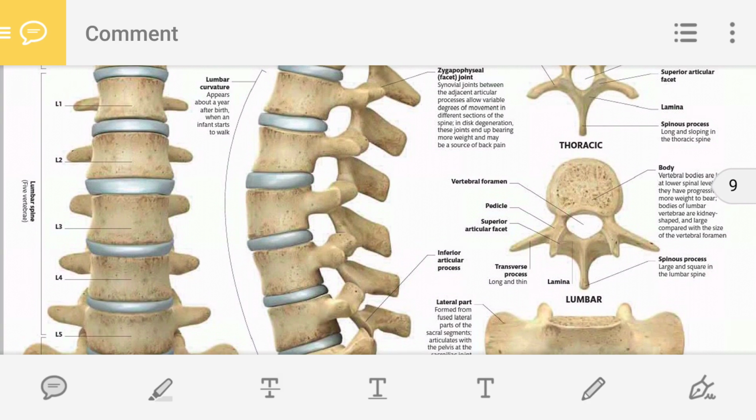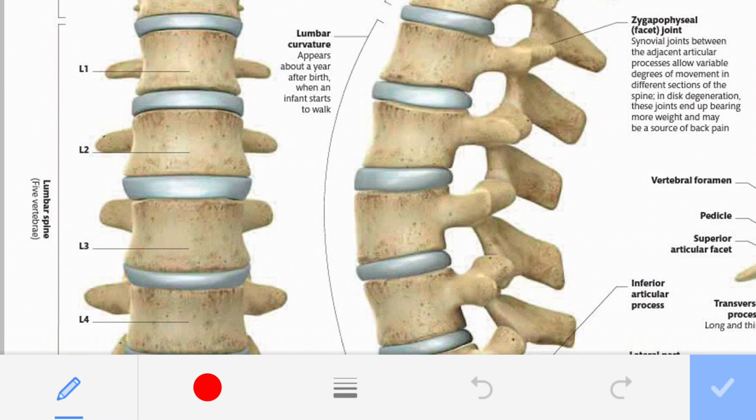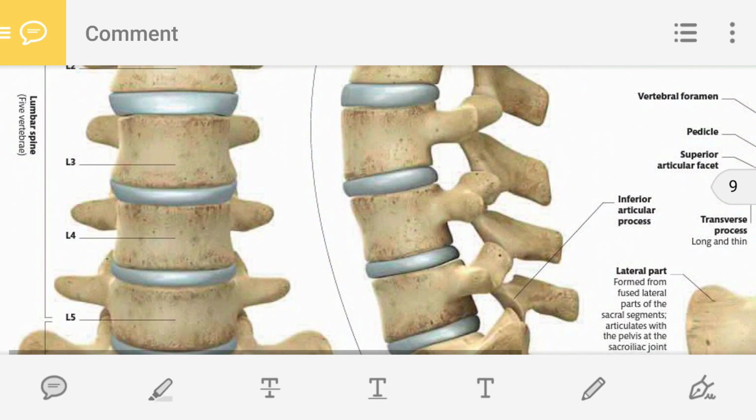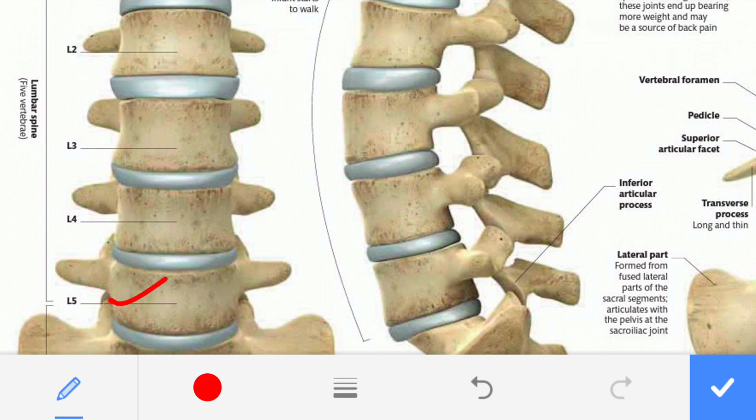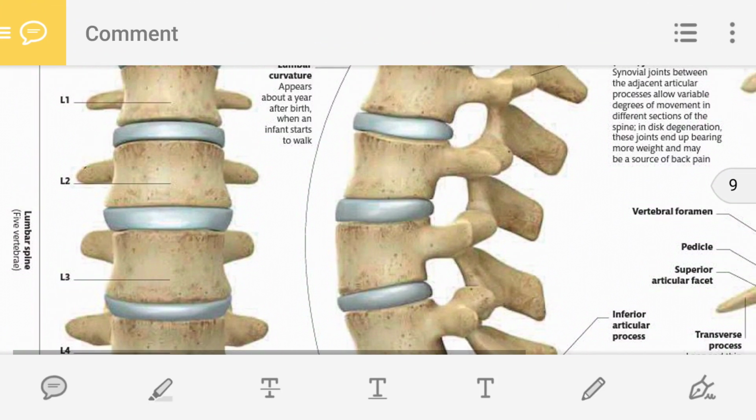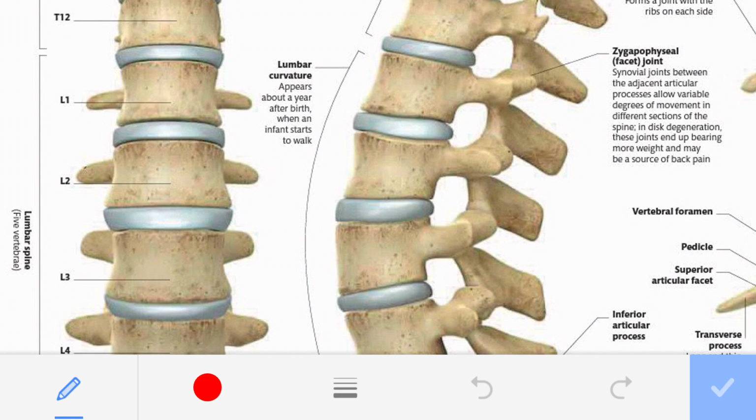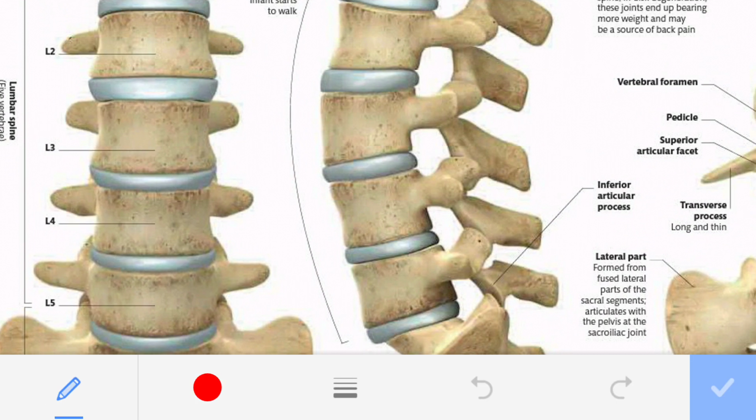Now lumbar. Okay, how many lumbar vertebra? As you can read this, there are 5 vertebra. This is L1, this is L2, L3, L4, and L5. So these 5 are the lumbar vertebra. 1, 2, then this way, 1, 2, 3, 4, and the last one, this one, 5.